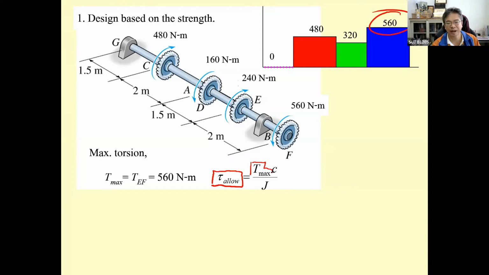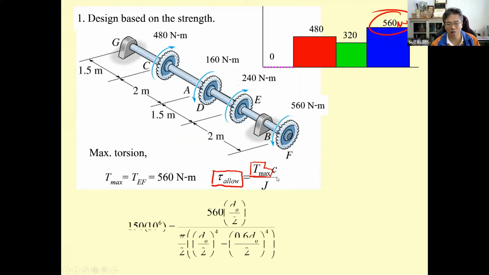This is going to be our 560 Newton meter. So the J over C is what we're looking for. And then we get the external diameter of 27.95 millimeter, and then they said it's 28 millimeter based on the strength.